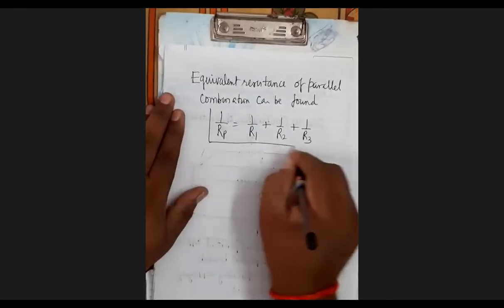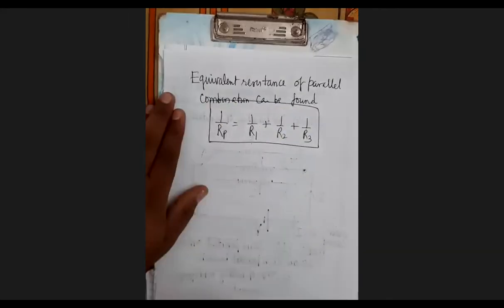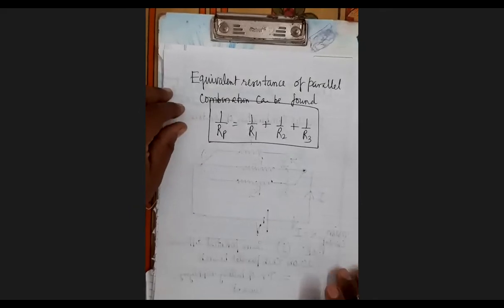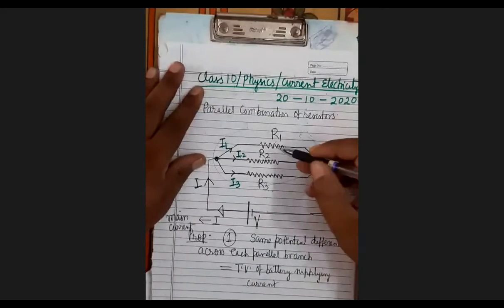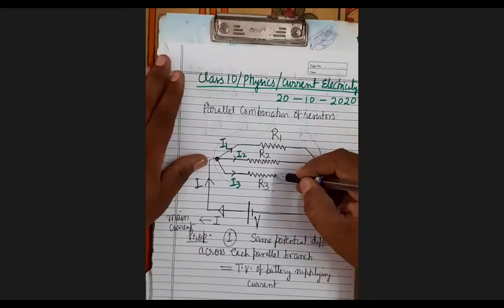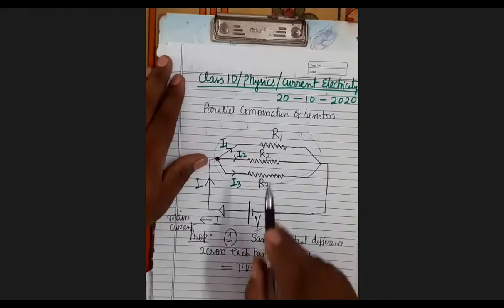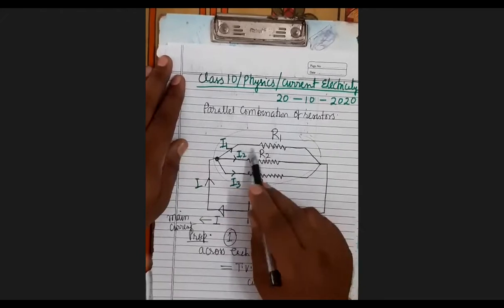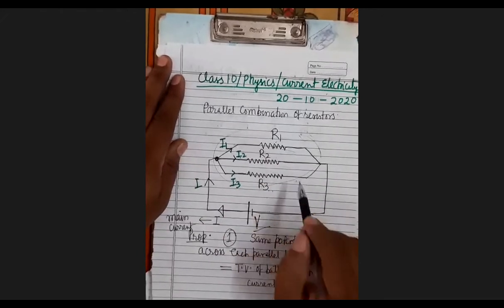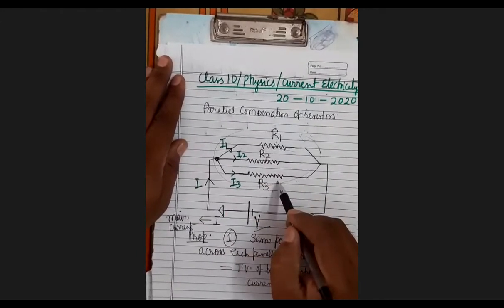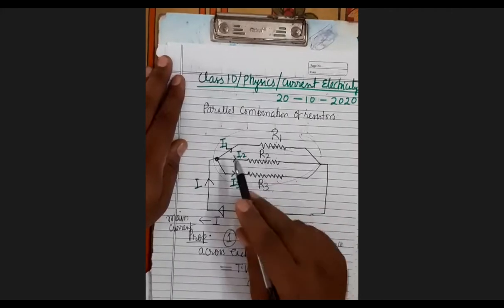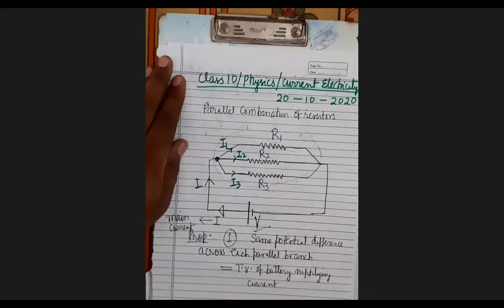This is the formula for determining the equivalent resistance in parallel combination. All of you remember, in parallel combination, there will be the same potential difference, which will be equal to the terminal voltage, but the current in the various parallel branches will be according to their resistances. The more the resistance, the less will be the current.